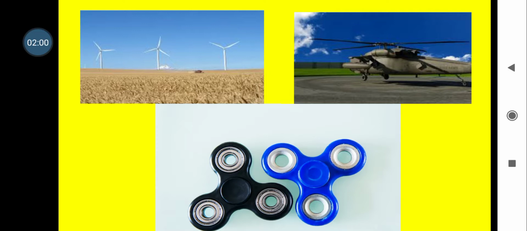When something goes round and round in its own spot, it is called rotation. If you stand in one spot and keep on turning around in a circle, this is called a rotation.